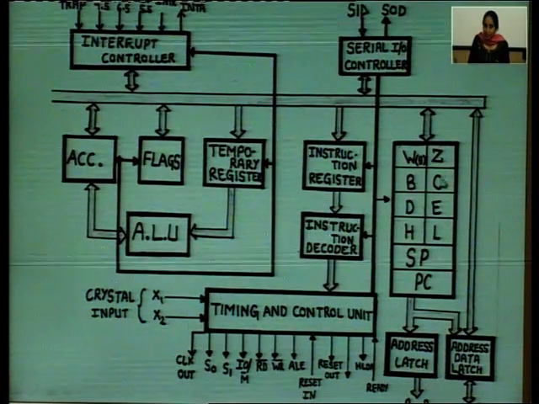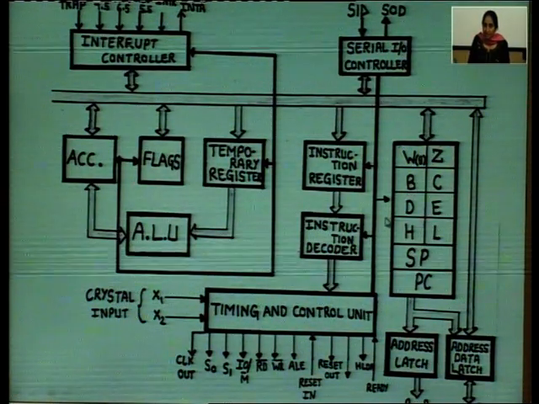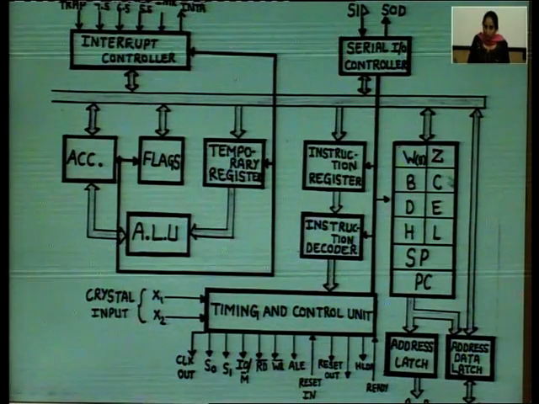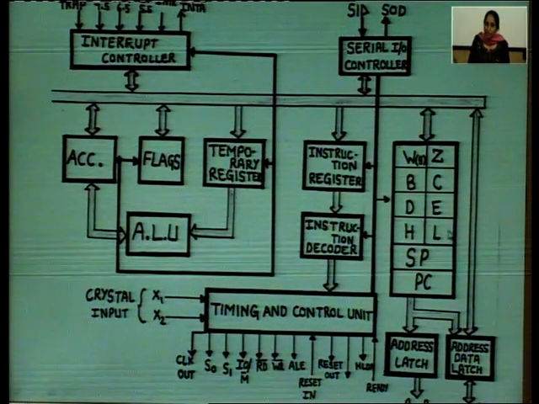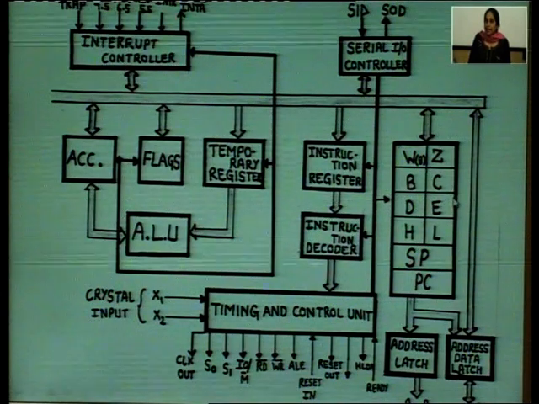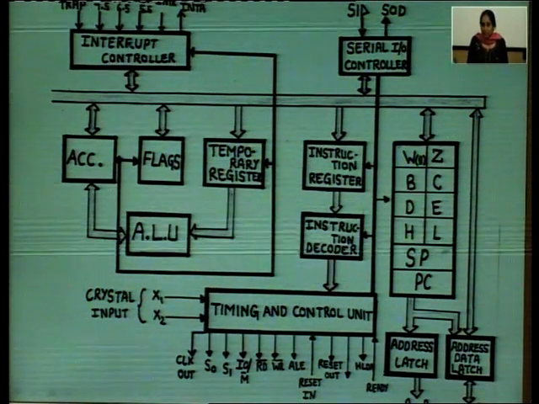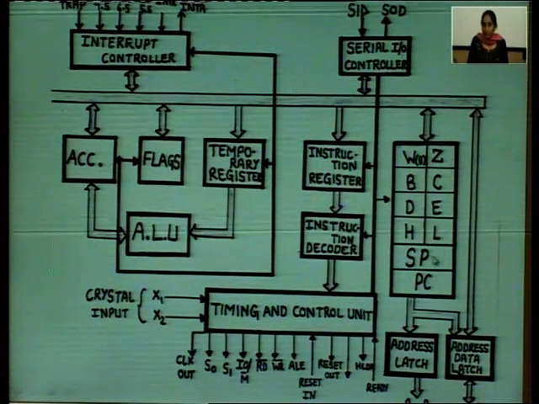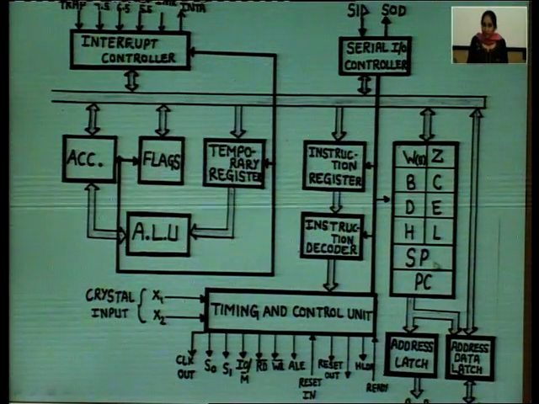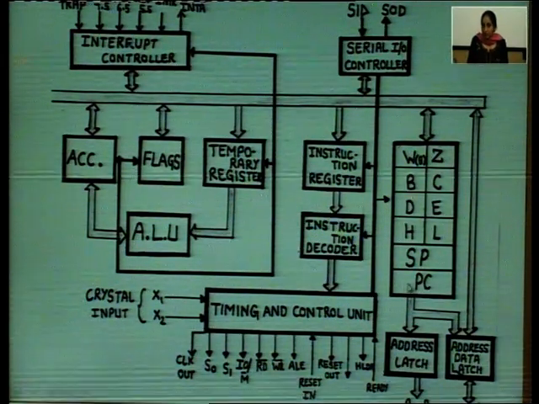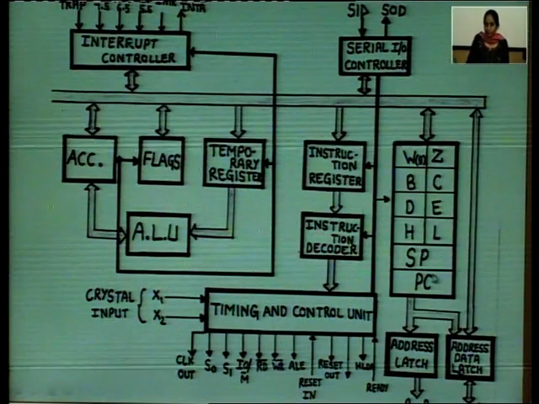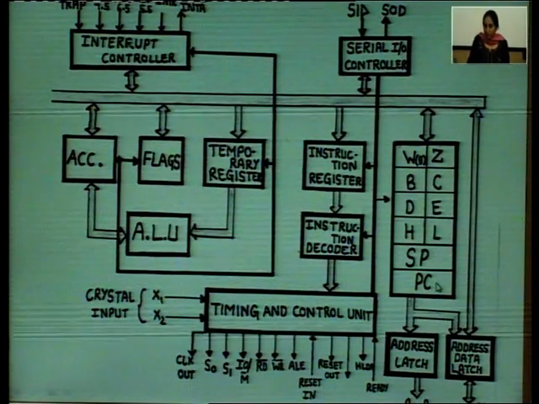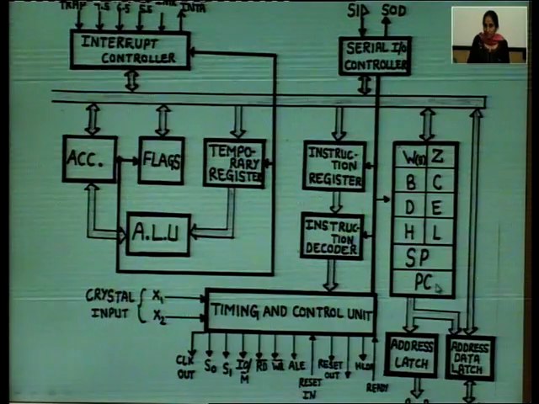They are all of 8 bits: BC, DE, HL. These are all of 8 bits, but we can use them in pairs to perform 16-bit operations. Then we have the stack pointer, it is also a memory pointer. Then we have the program counter, it is also a memory pointer, and it is 16 bits.